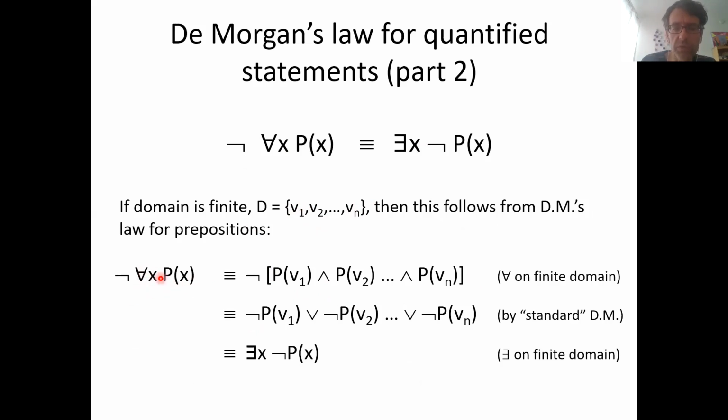So you can see that this is the same kind of bunch of moves: reading off for all as an explicit conjunction over all elements, then, because it's a negation of that conjunction, applying the standard De Morgan law to say that this is the same as saying either this fails, or this fails, or it fails somewhere. That's the same way to say there exists an element which fails this predicate.